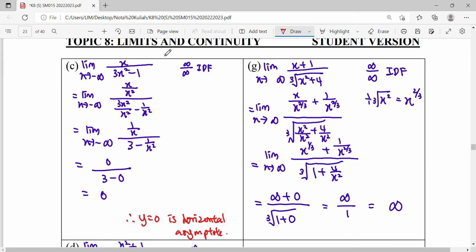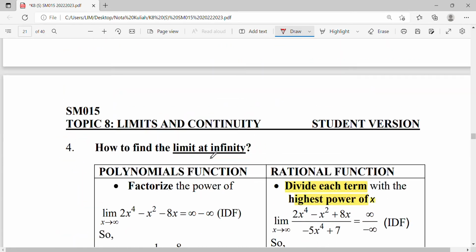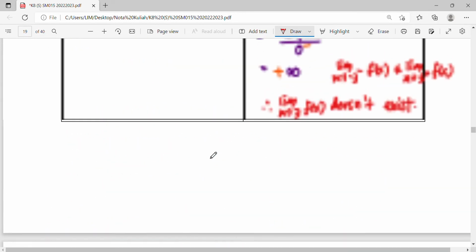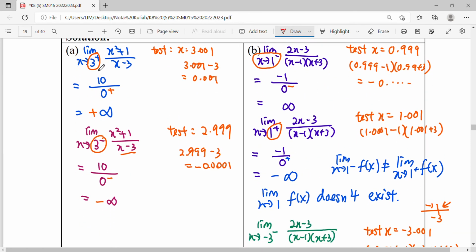And then we can reverse back to the previous one-sided limit. When we were doing one-sided limit before this, approaches 3 from the right-hand side, approaches 3 from the left-hand side, we get the answer of infinity, right?